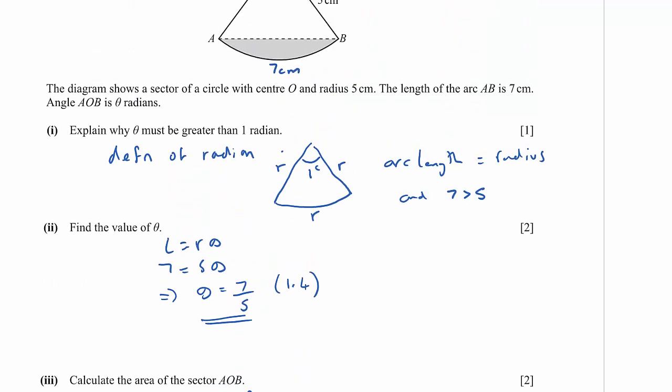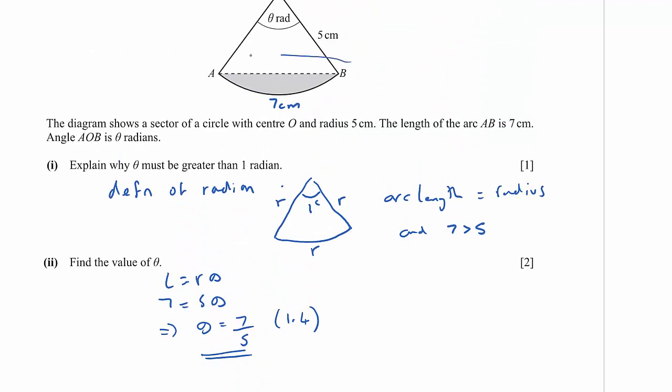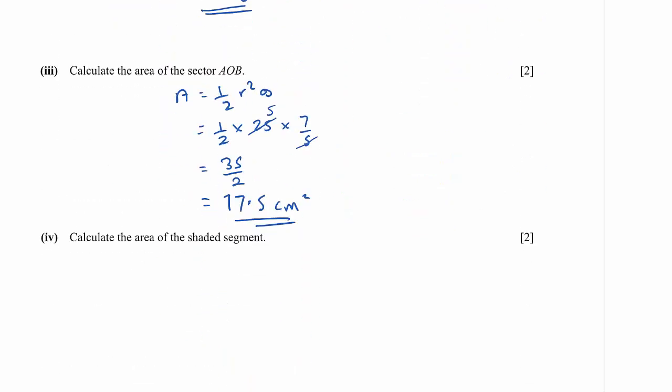And finally, for this question, we want to calculate the area of this segment here. So what we're going to do is the sector and then take away the triangle. So the area we want is the area of the sector, which we already have, take away the area of the triangle.